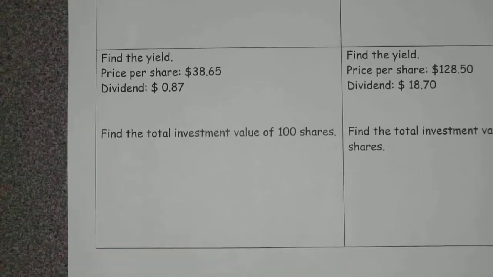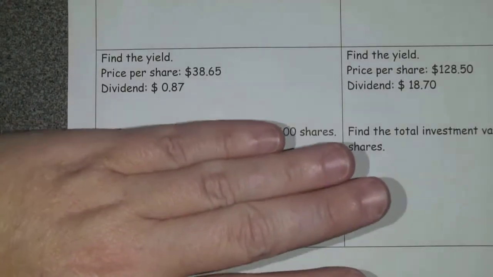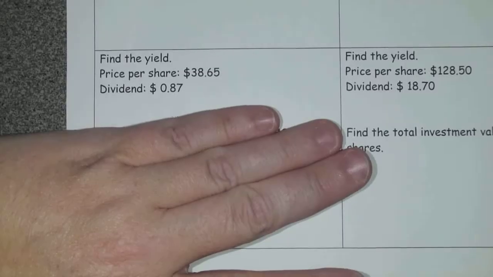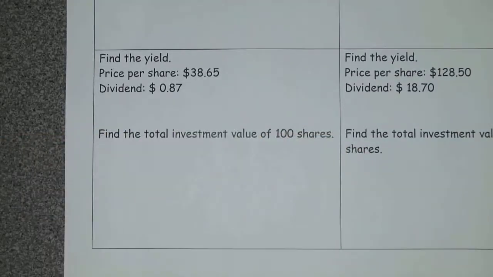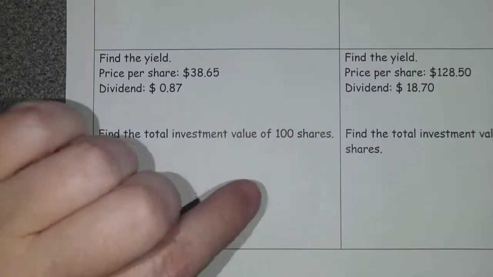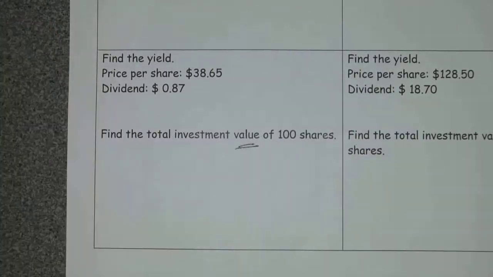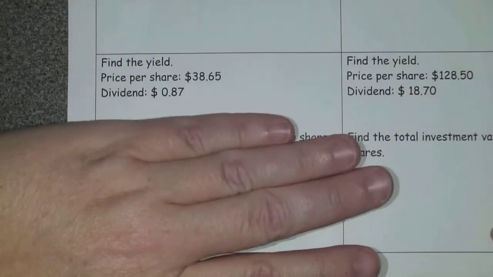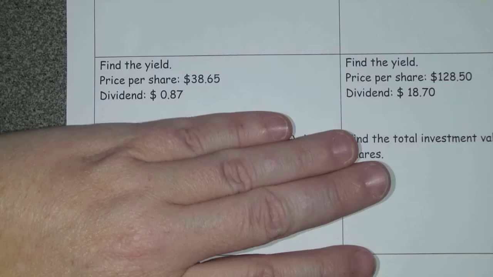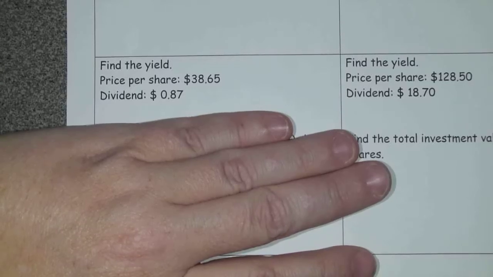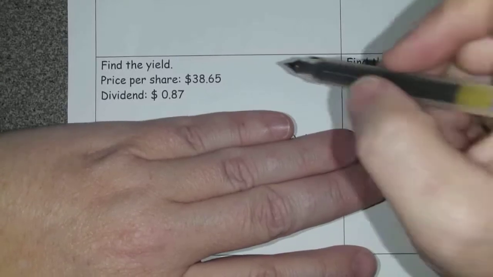No. All right, the next two change to yield. There are actually two problems in each of these questions. The first part is really simple, we're plugging into the yield formula. The second part, we have to do a little more work to find the actual value of our investment. But let's find the yield first. The yield formula says it's the dividend per share over the price per share.